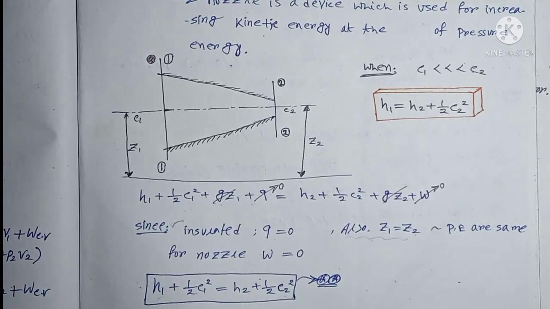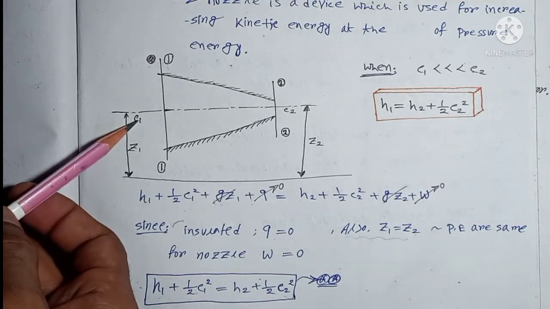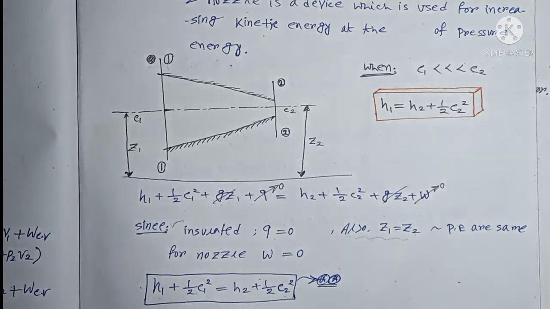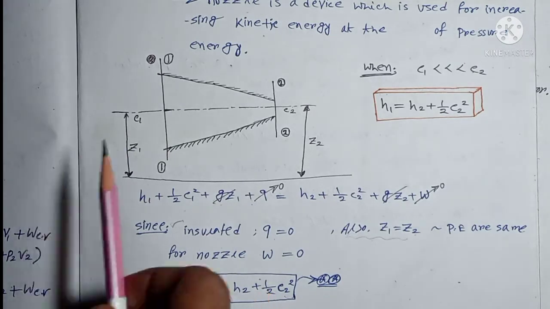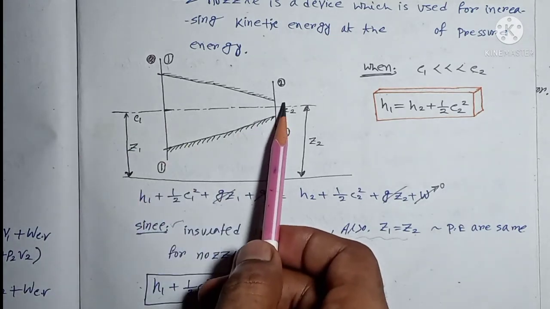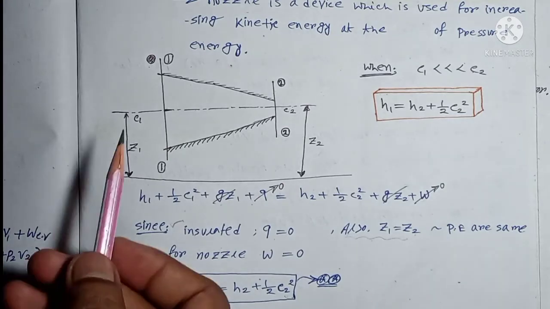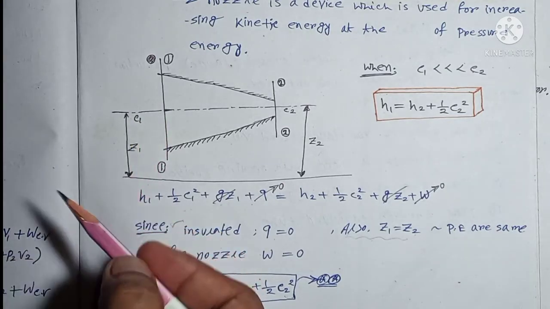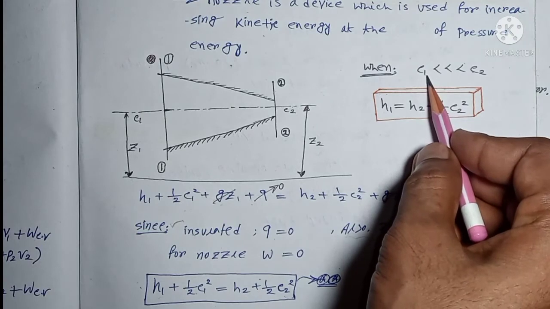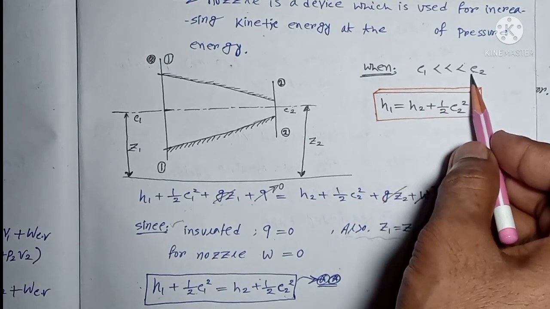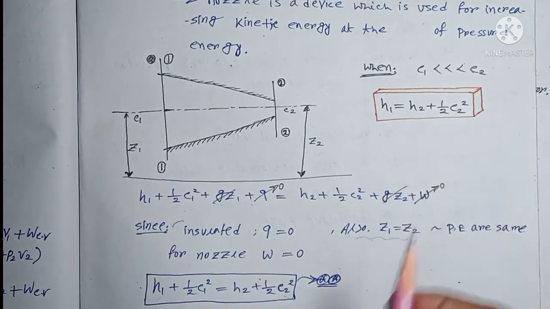Another condition may be present in your question: whatever the initial velocity, why we use the nozzle is to increase the velocity. So if we assume that after increasing the velocity, the velocity at section 2 is very high as compared to the velocity at section 1, meaning the C1 value is very small compared to C2, this time the C1 value is approximately equal to 0.